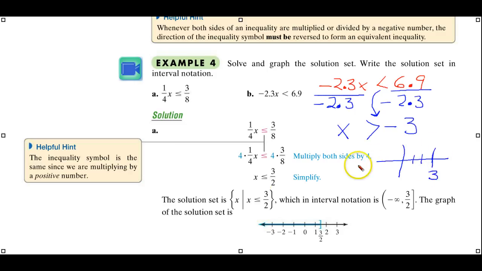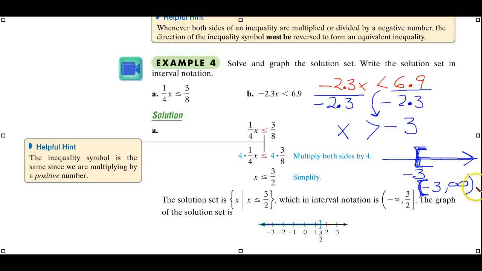Well, it should be over here actually. And what do I use? A parenthesis or a bracket? Bracket. And it's going to go to the right. And interval notation, bracket, negative 3, comma, positive infinity.